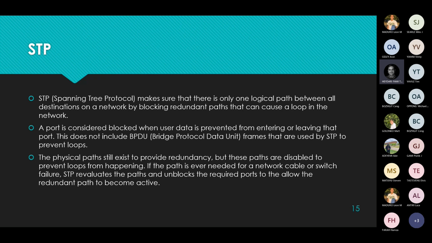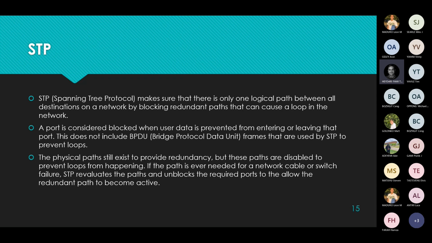In that way, STP, for instance, in this example, creates this structure. Look at the board: S3, S1, and S2. Though physically they are all connected together, logically there is one tree which doesn't have any loop, and they all end up with one root of the tree.